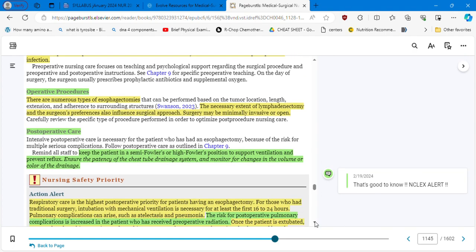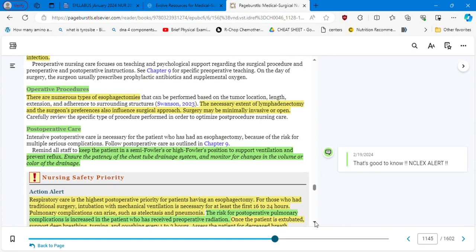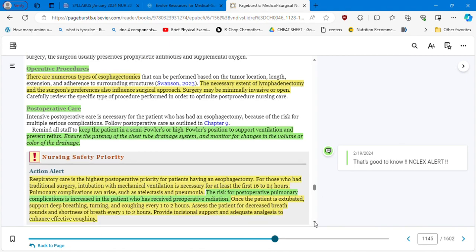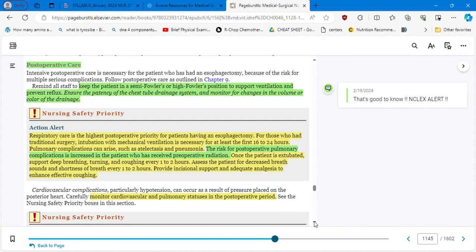Operative procedures, there are numerous types of esophagectomies. The necessary extent of lymphadenopathy and the surgeon's preference also influence surgical approach. Surgery may be minimally invasive or open, but I'm just letting you know the amount of lymph nodes around that area is huge.